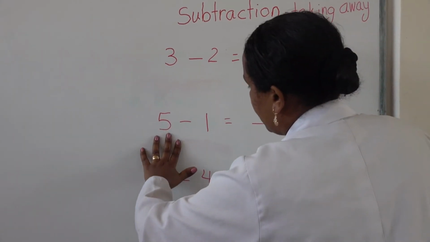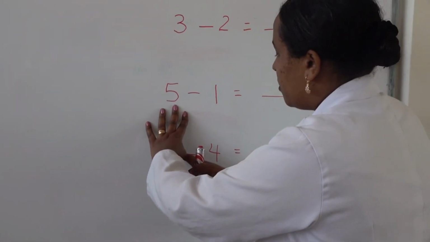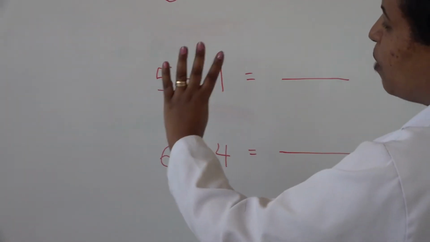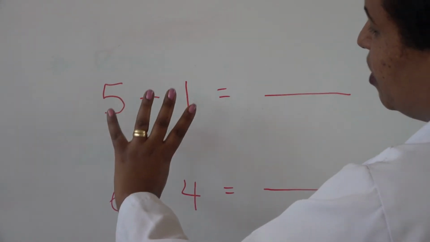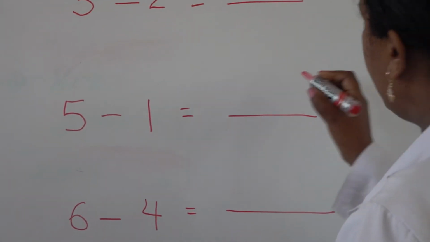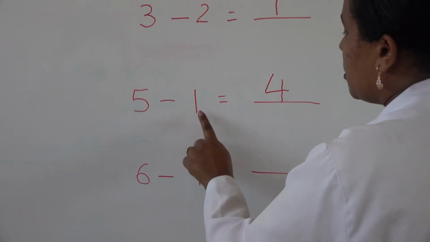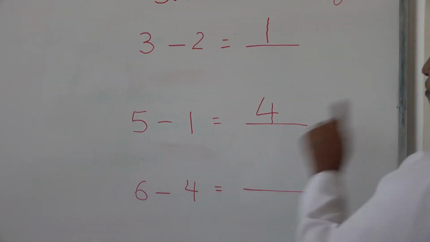Take away 1 of my fingers. How many fingers do I have left here? 1, 2, 3, 4. Then I write 4 here. 5 minus 1 equals 4.